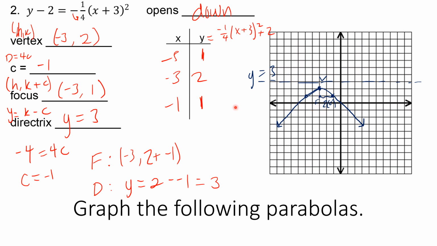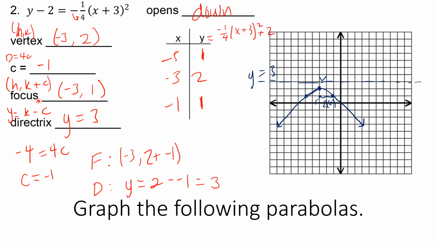So I've learned to train students to treat the C as a negative if it's negative, because then the math will tell you where your focus and your directrix will end up. But I want to be mindful that this is supposed to be a distance, and distance is always positive, right? So in reality, it's C equals +1, but I do this, is what I've learned, to help students pay attention to following the formula and the rules.